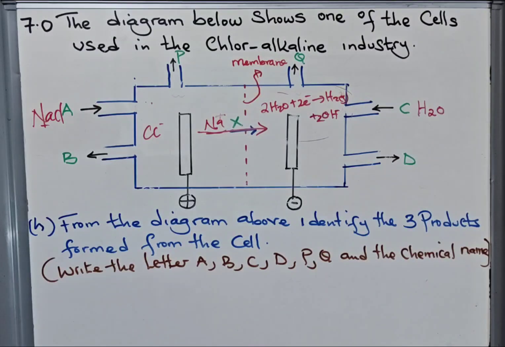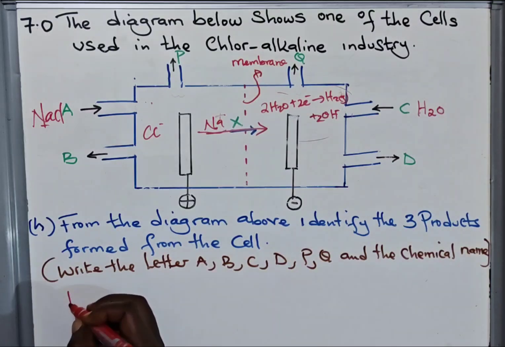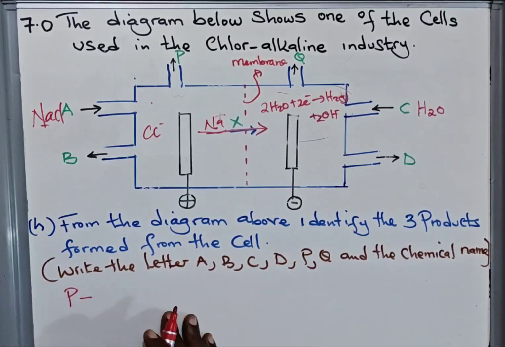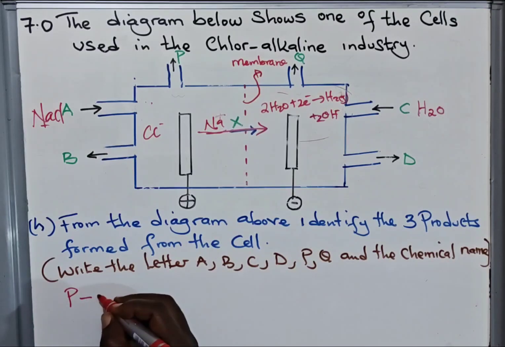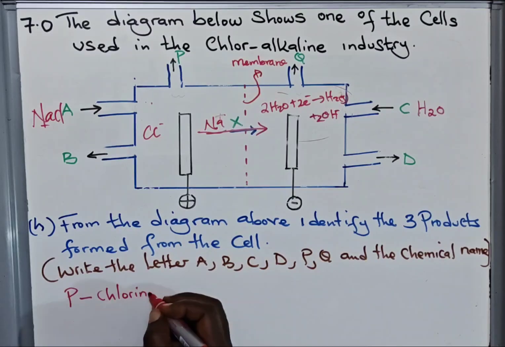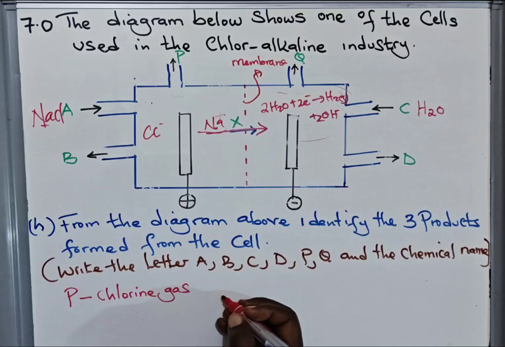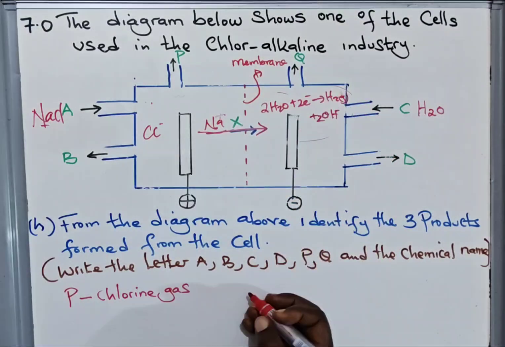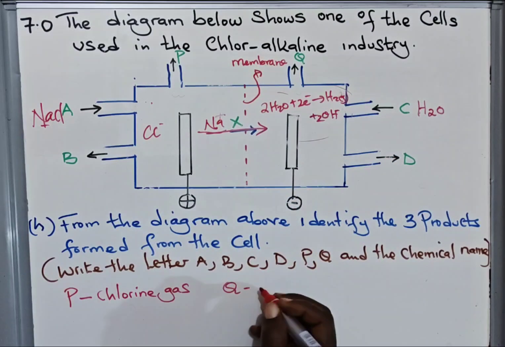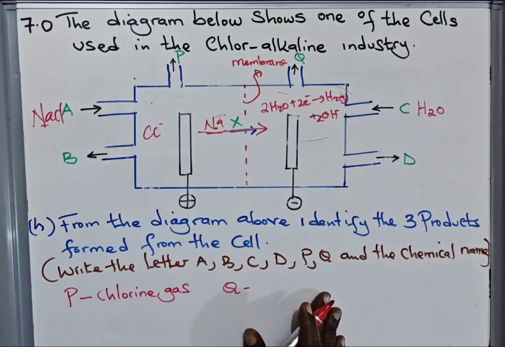So let's start with P. P is one of the products. And what is the chemical name of P? P is chlorine gas. Okay, we said Q is also another product. And what is the chemical name of Q?